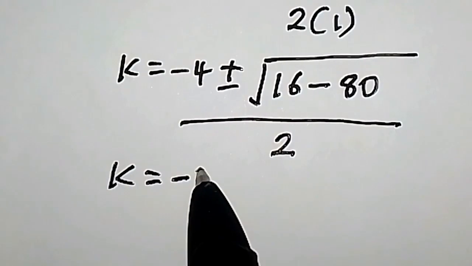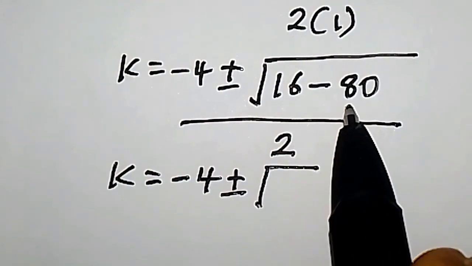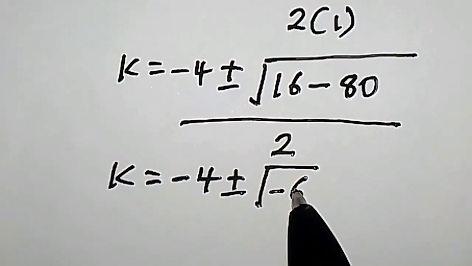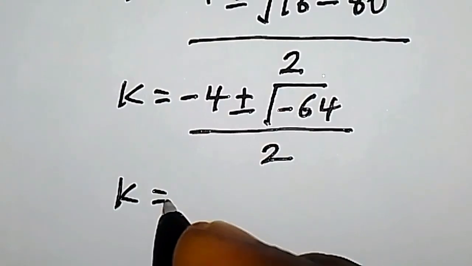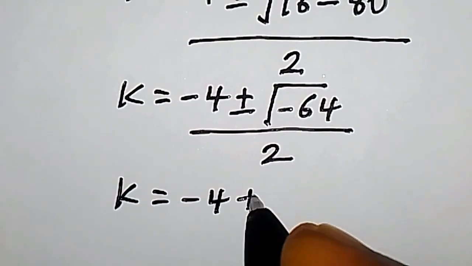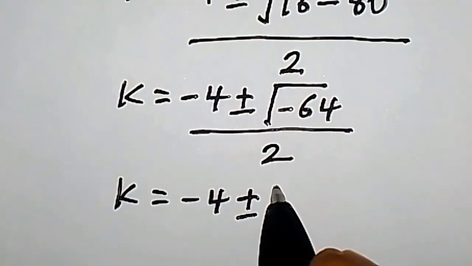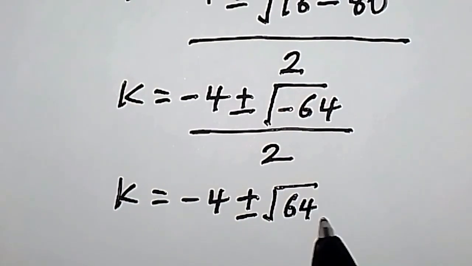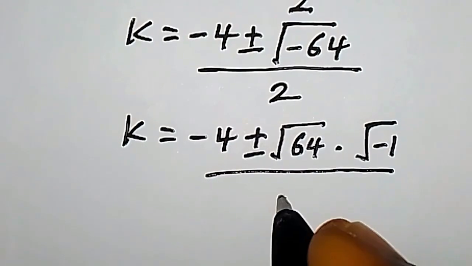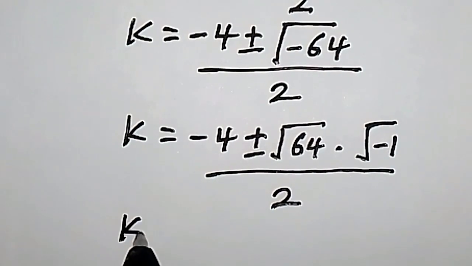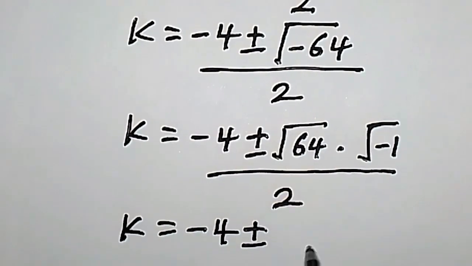k equal to minus 4 plus or minus square root of 16 minus 80, that is minus 64, divided by 2. k equal to minus 4 plus or minus, I can rewrite square root of minus 64 as square root of 64 times square root of minus 1, divided by 2. k equal to minus 4 plus or minus, what is square root of 64?